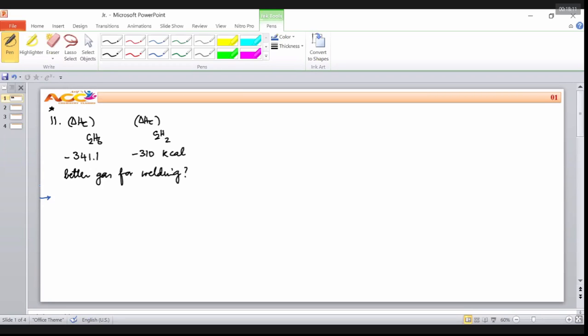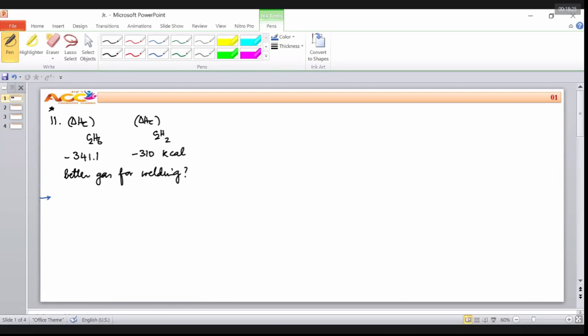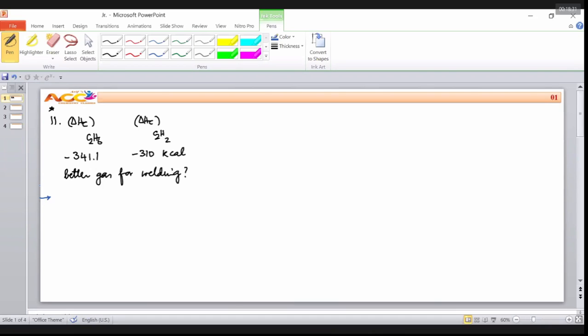Fine. Now, second point. Sir, which one is an efficient fuel? There are so many characteristic properties to say that a fuel is efficient. No one is going to ask us all those things. However, if you are interested, see NCERT. But what is required for us is that a fuel is said to be efficient if it gives you more energy.